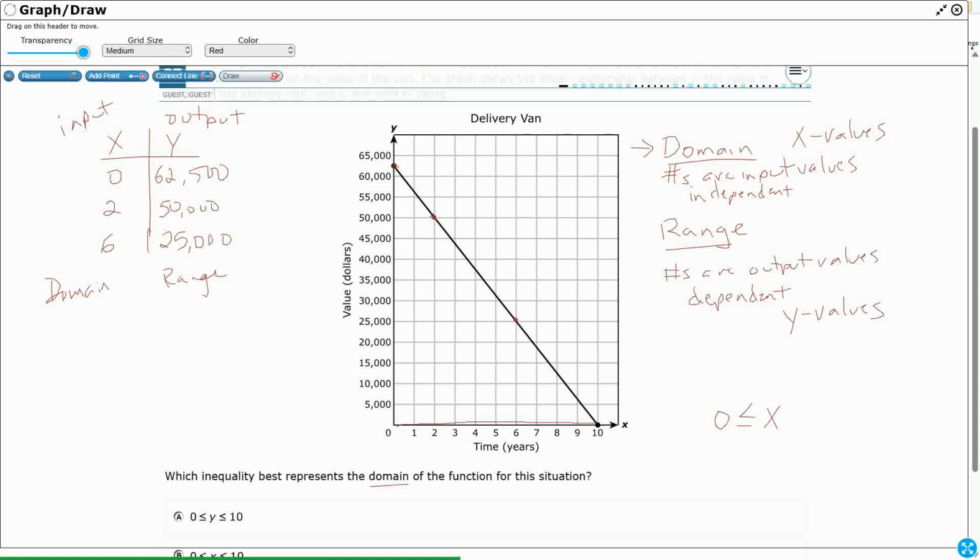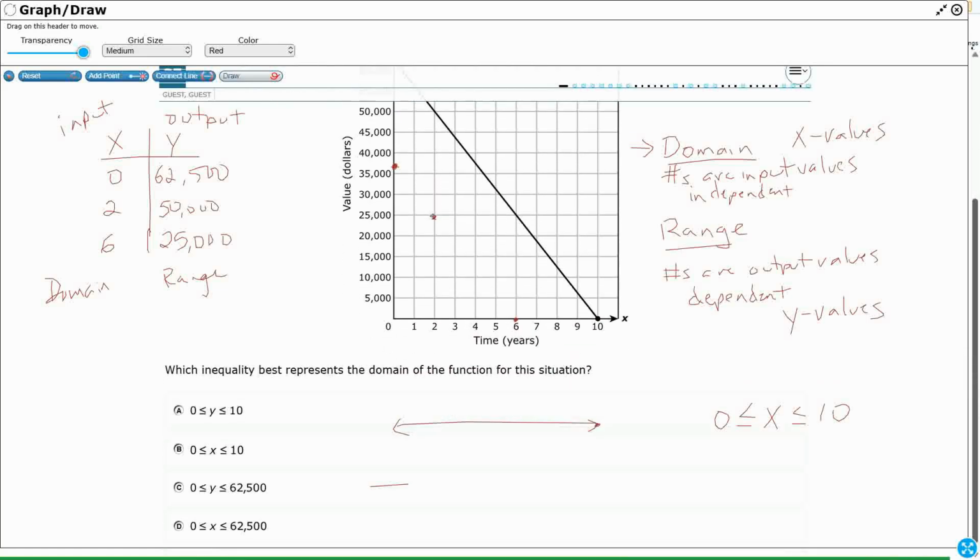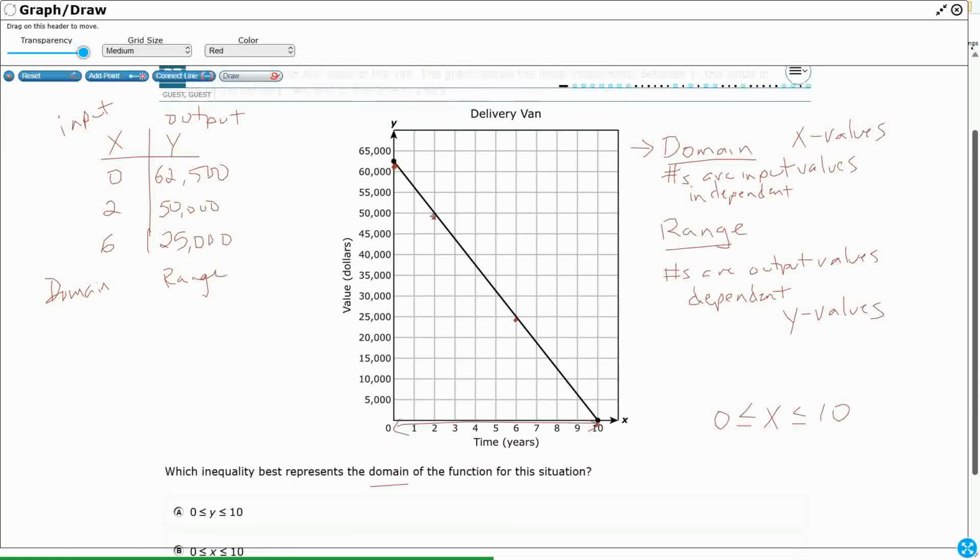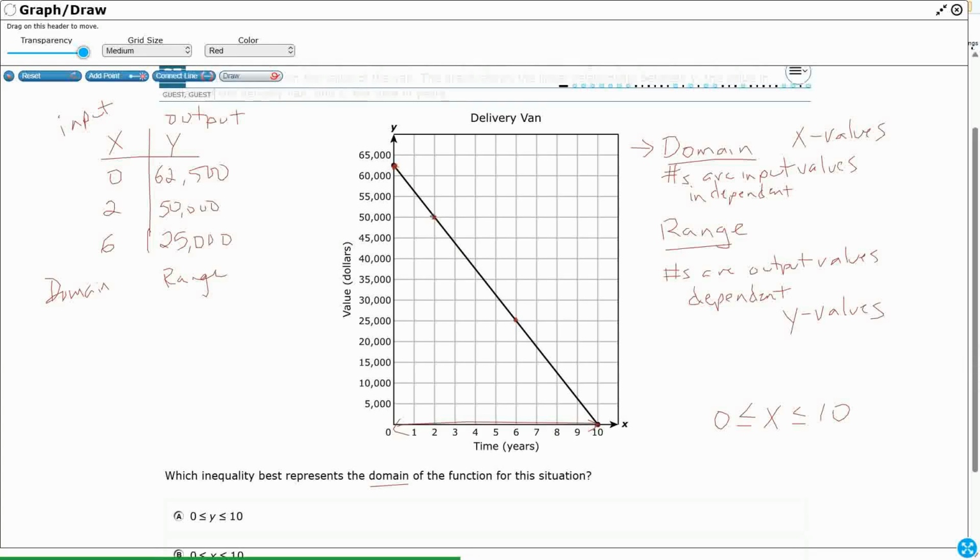And we're dealing with time, so it goes to 10. So it's less than or equal to 10. It's got a hard stop at 10. It's got these closed circles right here, so we can include the 0 and the 10. That's it. Look at the other number they give you, the 62,500, but that's our range. Those are our y values.